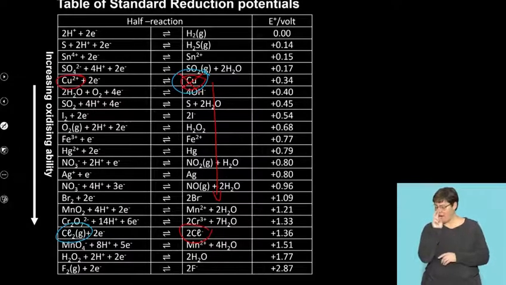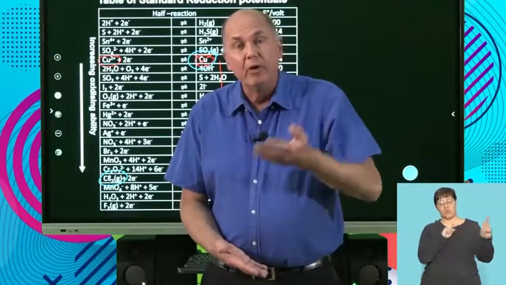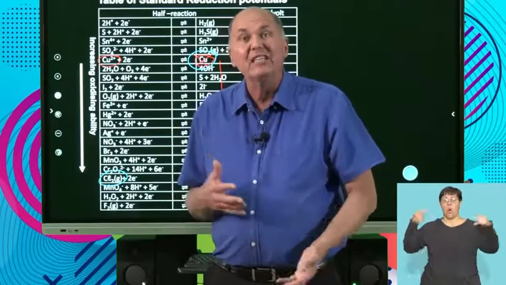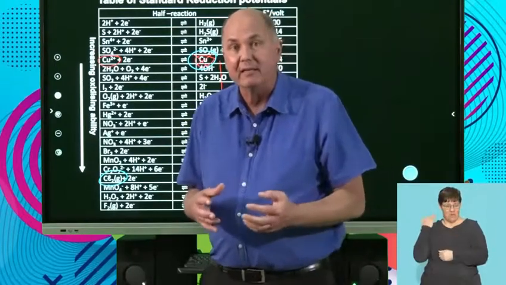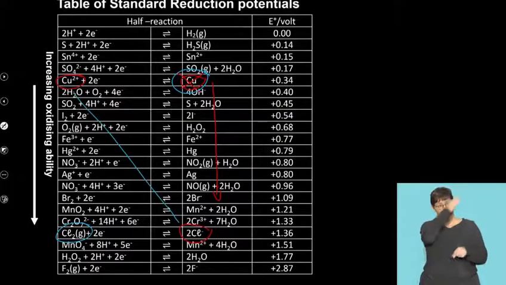It's very important to notice in this particular case, the position and the order of the reactants and the product is opposite to what it was for the galvanic cell. In fact, if we draw a line between the two reactants, we'll see that it forms a line with a negative gradient.